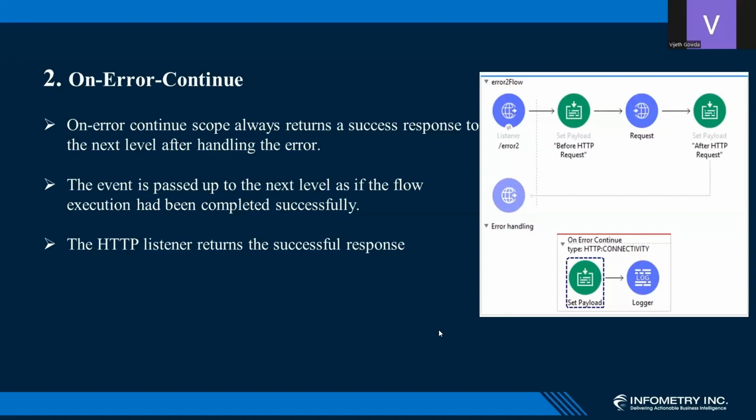The request will go back to the parent flow and it will execute the remaining components in the parent flow, not in the child flow. This is one of the major differences between on error continue and on error propagate. With on error propagate, it will not execute the remaining components in either the child flow or the parent flow, but with on error continue, it will not execute in the child, only in the parent.